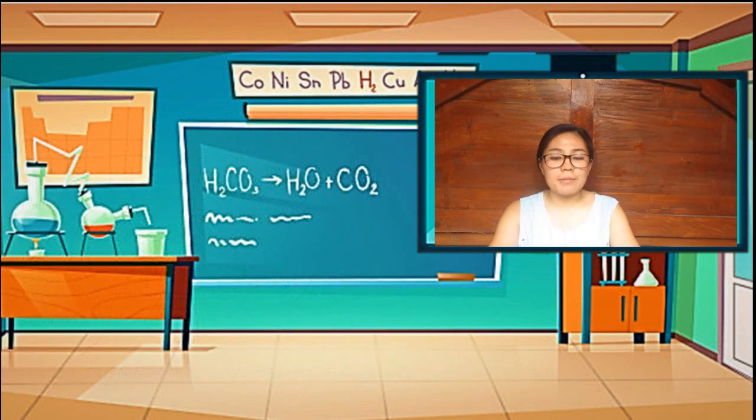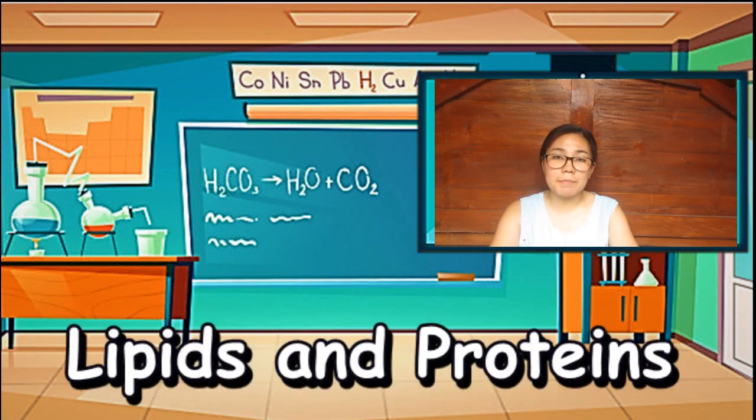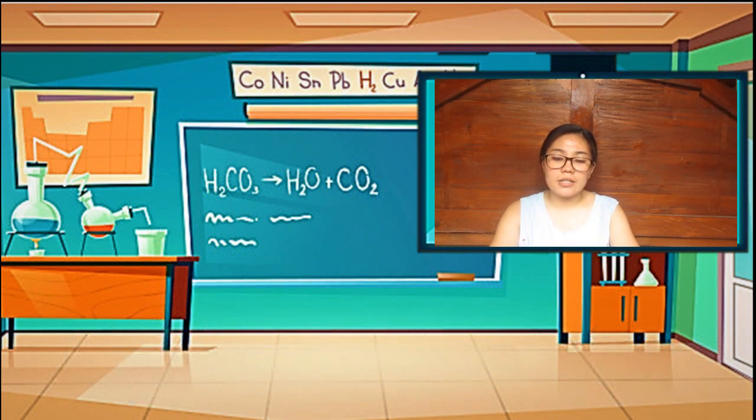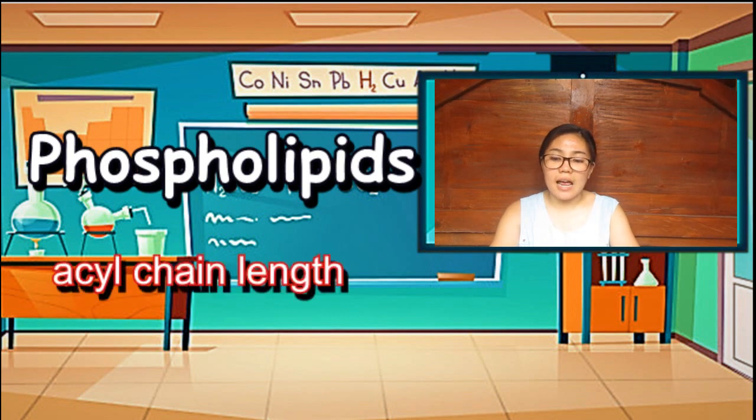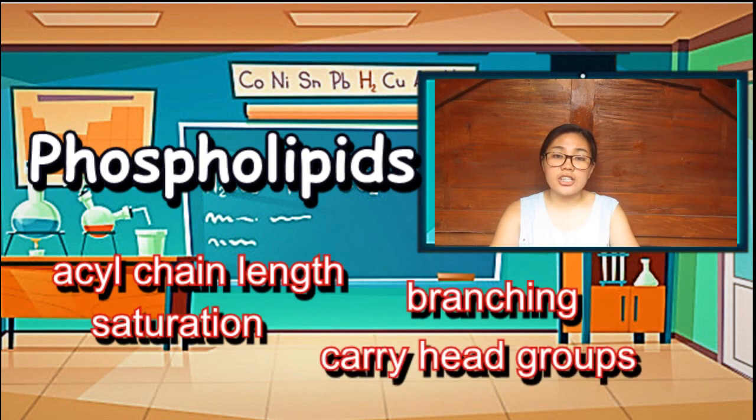This cytoplasmic membrane is composed of roughly equal portions of lipids and proteins. The main lipid components are phospholipids, which vary in acyl chain length, saturation, and branching, and carry head groups that vary in size and charge.